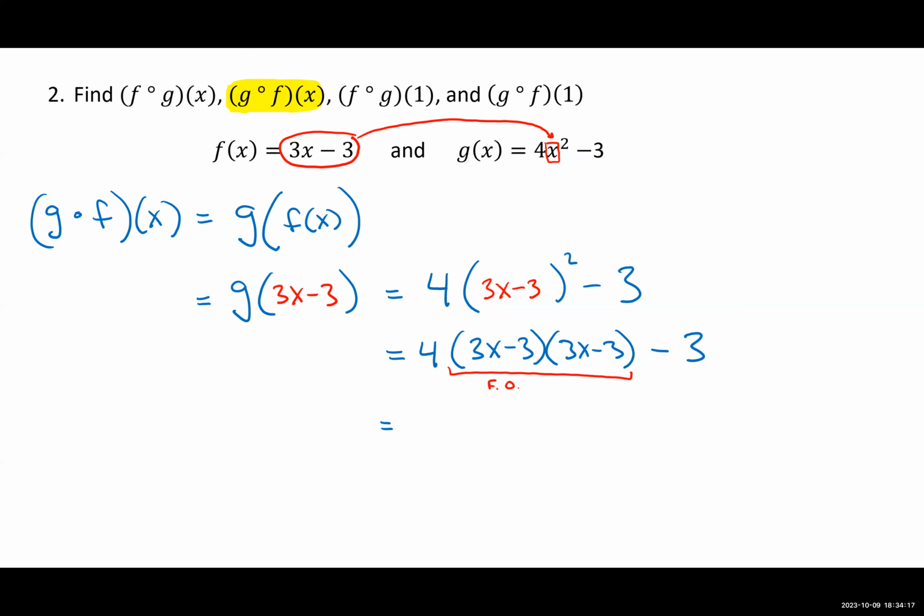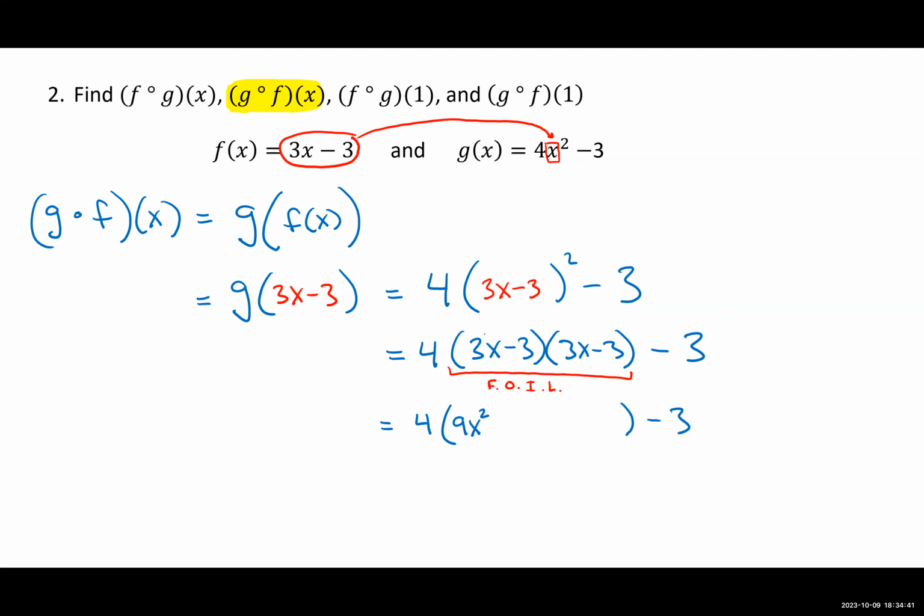First times first, outer times outer, inner times inner, last times last. So we still have a 4, right? We still have a minus 3 on the outside. But first times first would be 3x times 3x. So that's 9x to the second power.